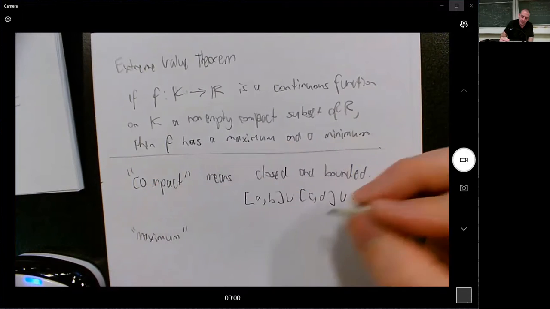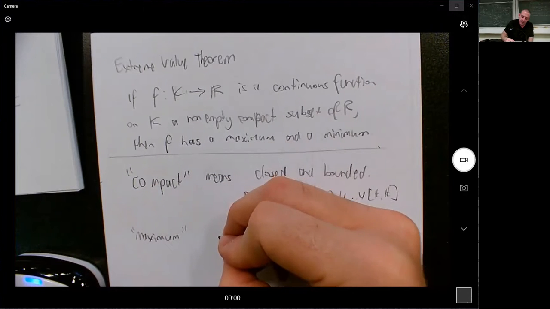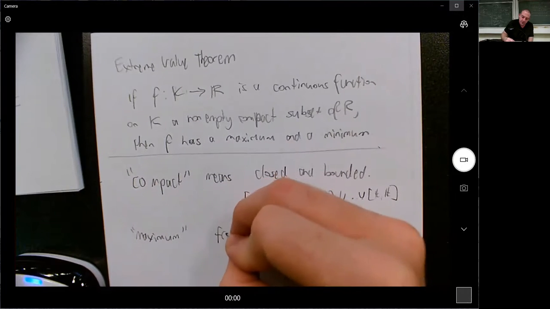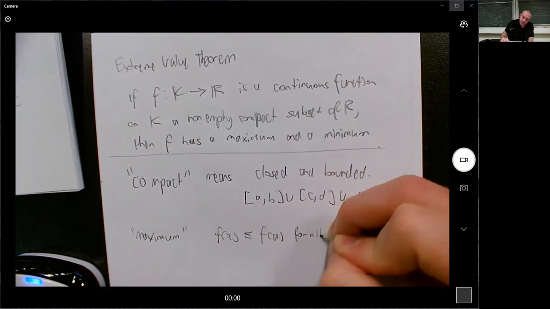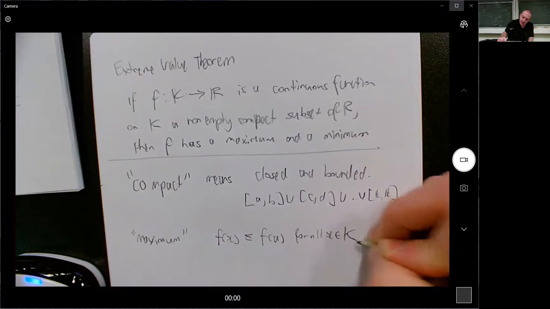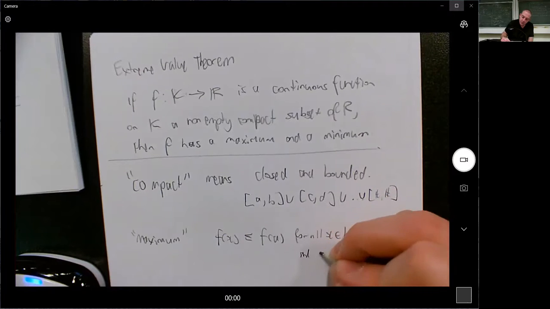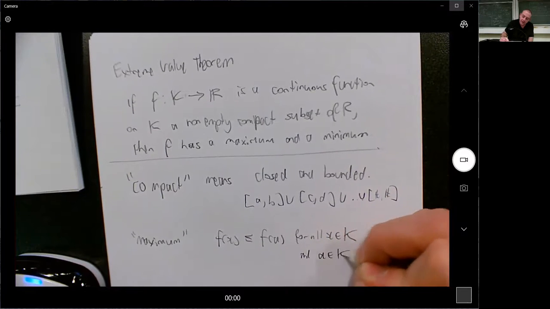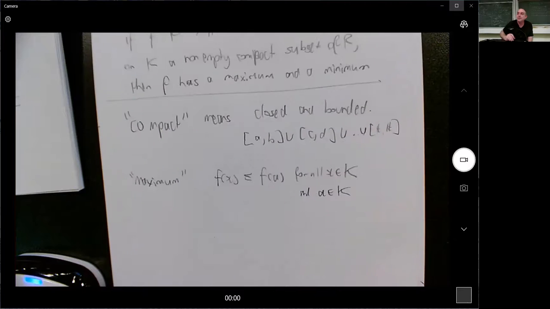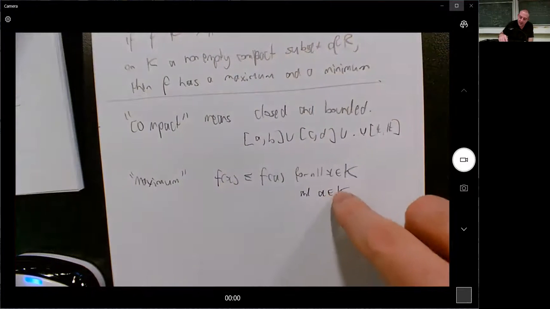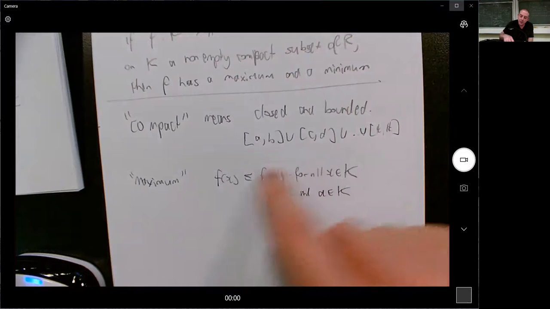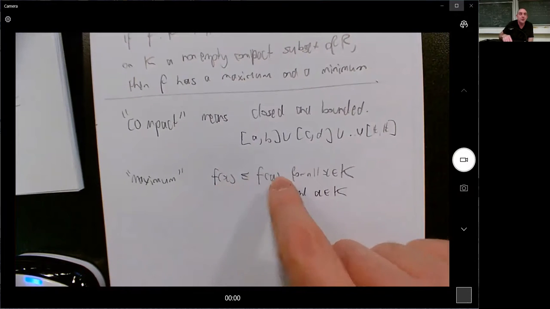So maximum means, in this context, that f(x) is less than or equal to f(a) for all x in the set K, and the point a is actually in the set K. So there is a point a in the set K, so that all the other points have a function value less than or equal to that one.